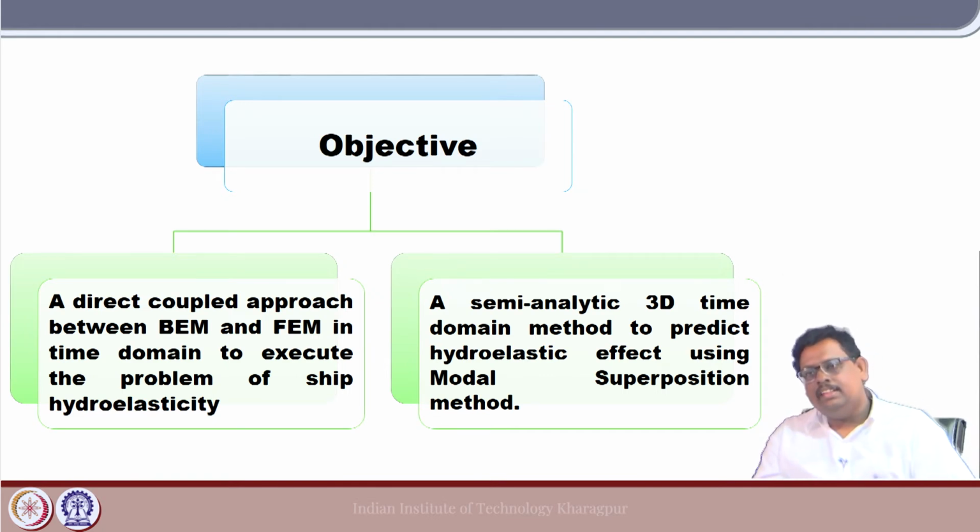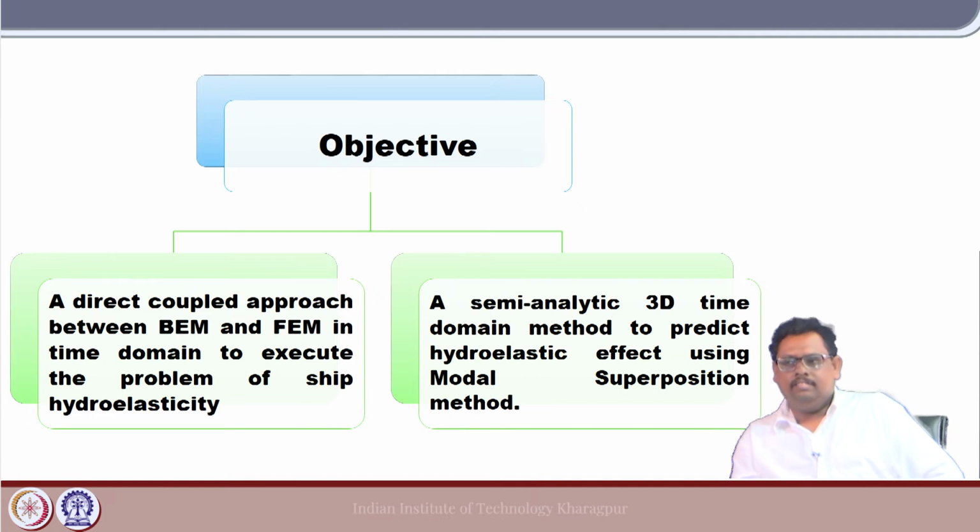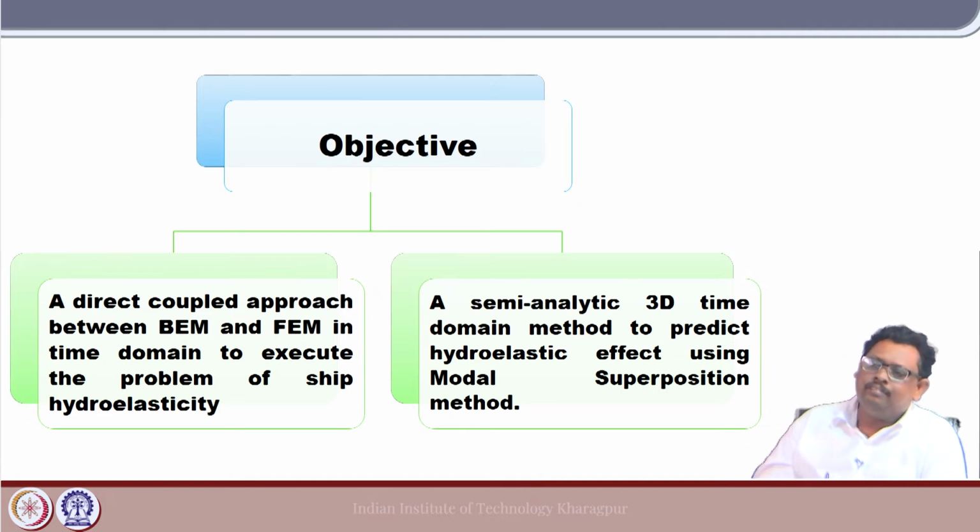For example, this sophisticated time domain codes or frequency domain codes or hydroelastic codes, these are not very cheap in terms of cost, availability, etcetera. So, maybe in the initial level we really do not want to use such complicated or sophisticated software.